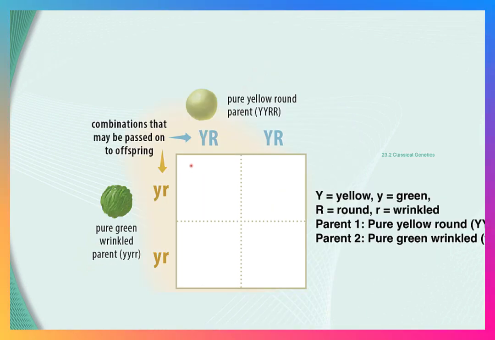Now here you have a situation where we're representing 2 traits instead of just one trait. So in addition to round versus wrinkly, we have yellow versus green. We have a parent that is homozygous for yellow and also homozygous for round, so this is a pure homozygous for both of these traits.